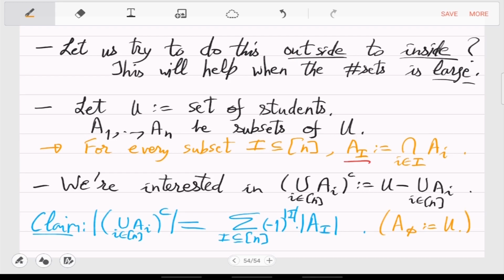So when the size of I is 0, it comes with a positive sign and it actually counts the whole universe. That's the first order approximation. The complement cannot be bigger than this. It can only be smaller. So you get the size of the universe. When you go to the next order approximation, you will be looking at A1 or A2 or A3, their sizes, and you will subtract from the universe.